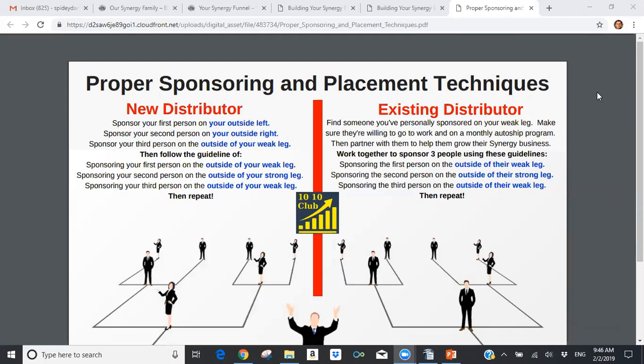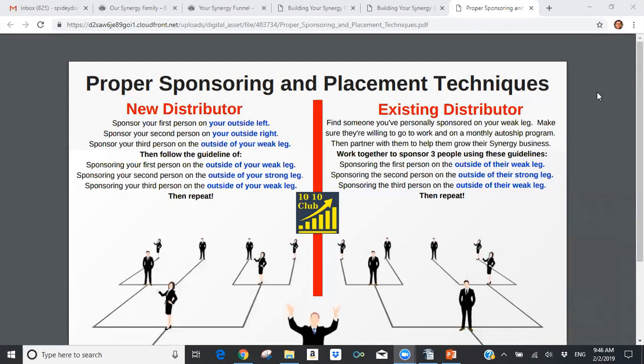But one of the things you can do in your back office is this: when you enter your back office for the first time, you're on the dashboard, and there is a place on your dashboard where you can put key Synergy distributors, ones that you've personally sponsored and individuals that you haven't. As long as they're in your organization, you can put them into that field.